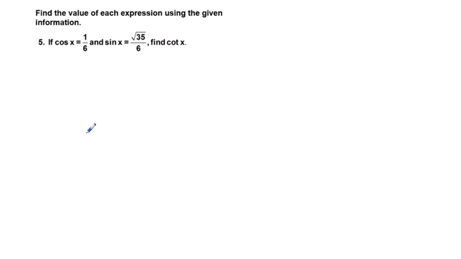Next odd number problem, 5. If cosine x equals 1/6 and sine x equals square root of 35 over 6, find cotangent x. I didn't mention the quotient identities.